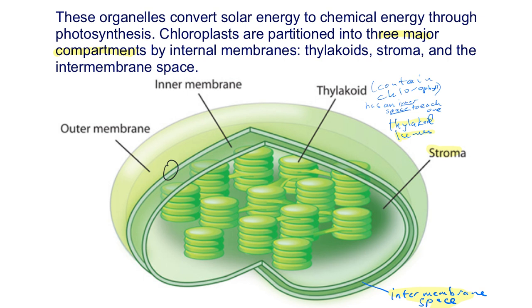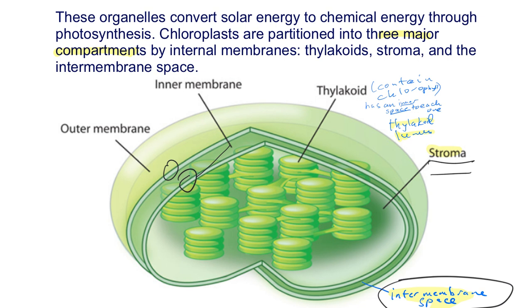Then there's a space between them called the intermembrane space, a fluid-filled space. And then there's another membrane called the inner membrane. Then beyond that, as we go inside the chloroplast, there's a fluid-filled space called the stroma. So that's the inner space.